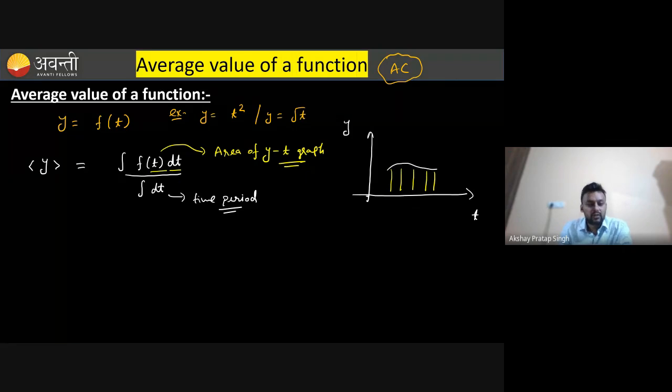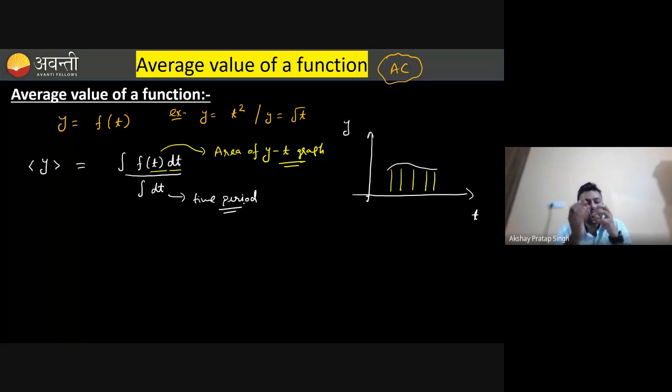Clear? So now you can decode it: what is the average value? The area of the graph divided by the time period in which you want to calculate. If a graph is given, you can follow this formula, area divided by time period.